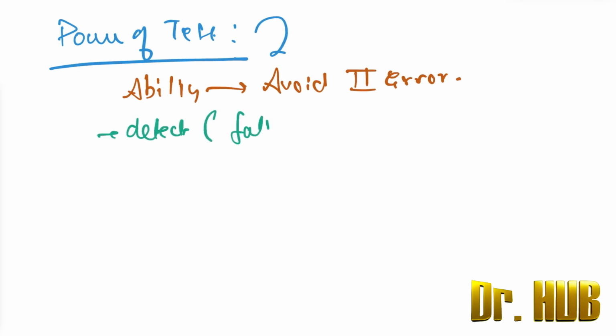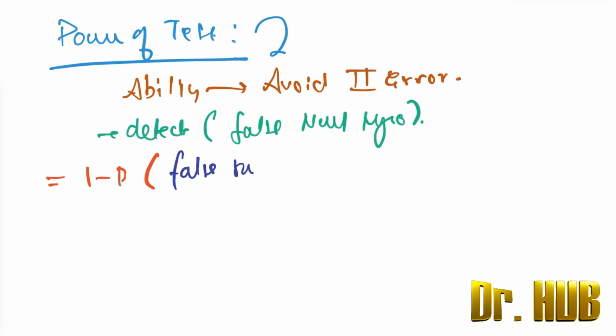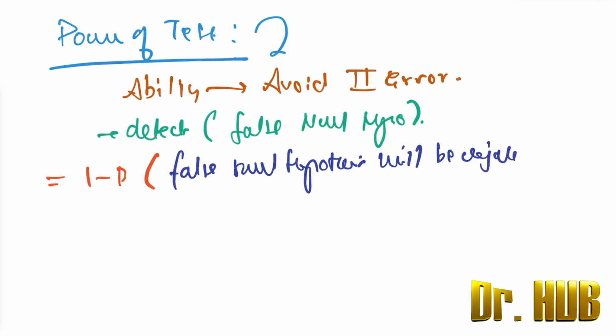It is equal to 1 minus beta, which is the probability that a false null hypothesis will be rejected.